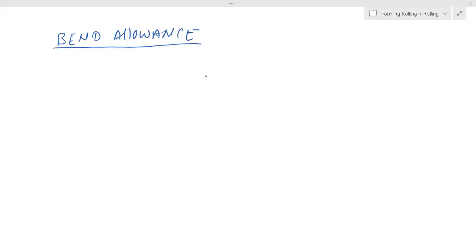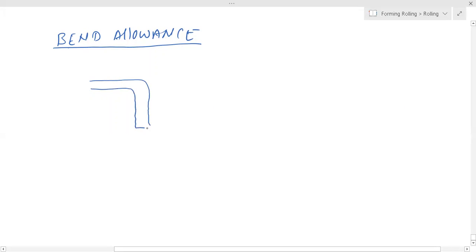Suppose we want to bend like this. This is our thickness T. We want this. For this, what will be the original stock length?